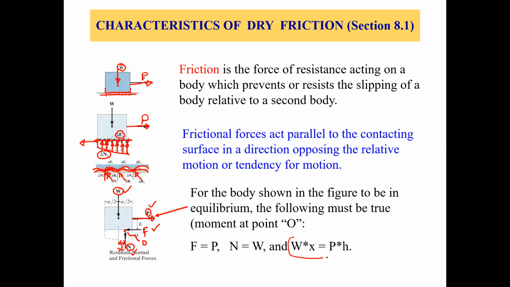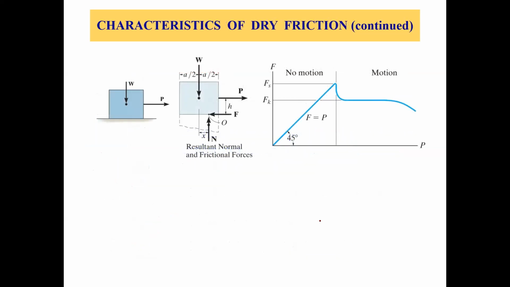If these conditions are there, then we'll say that this box, or this body, is in equilibrium. So now we know how to apply the friction force when we have a problem having two materials in contact, or two bodies in contact. Let's move forward.